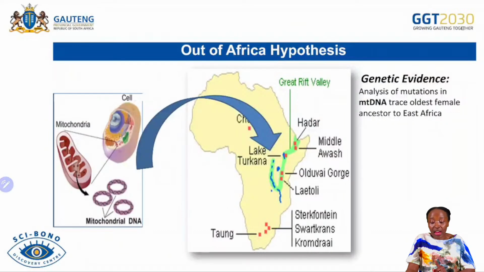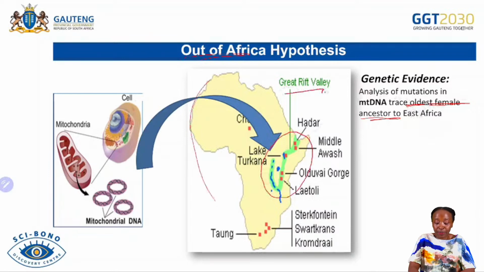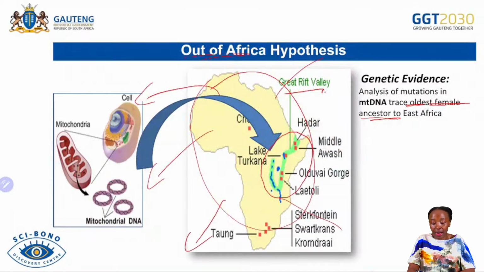And then we also have genetic evidence that supports this, that the analysis of the mutations in the mitochondrial DNA also traces the oldest female ancestor to where? To East Africa, the Great Rift Valley. So all of this points to the fact that modern humans originated where? In Africa, and then they later emigrated to where? To different parts of the world, to the different continents.